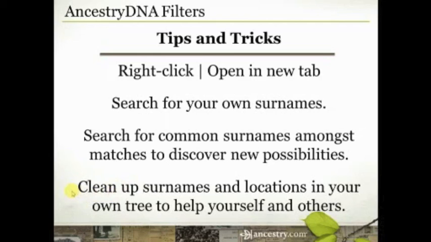And then just this final tip or word of caution: the surnames and the locations in your tree, you need to make sure those fields are clean, that there's not a lot of extra characters. We don't want to mess up the search function for yourself or for anybody else with those surnames. With locations, the more research you can do to be more specific, the more success you're going to have, but also make sure they're entered correctly genealogically, which is smallest jurisdiction to largest jurisdiction.